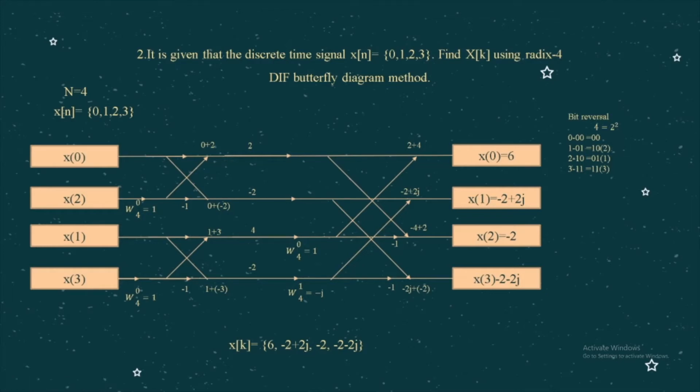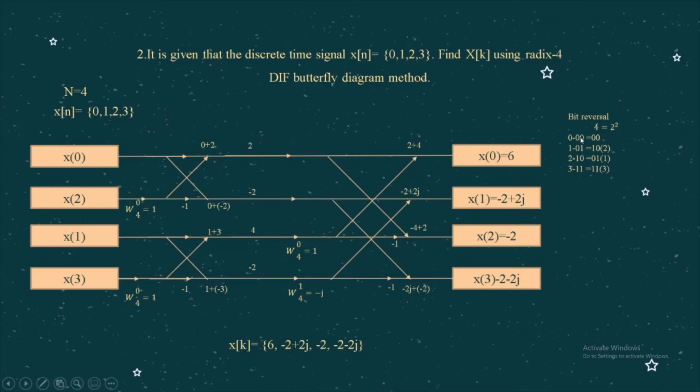represented in 2 bits. So as we know, 0 is 00, 1 is 01, 2 is equal to 10 and 3 is 11. Then we perform the bit reversal.